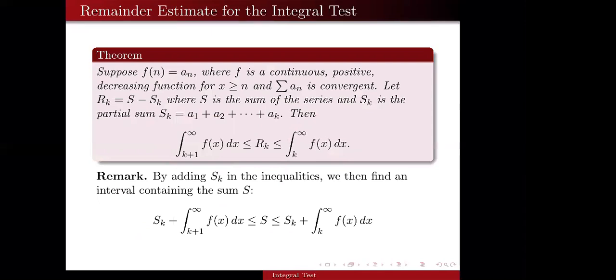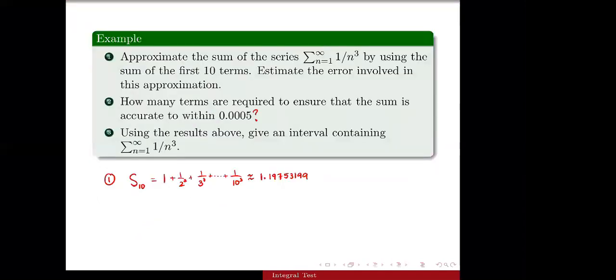So let us estimate that error. It means that your error R sub 10 is greater than or equal to the integral from 11 up to plus infinity of 1 over x cubed dx. But R sub 10 is less than or equal to the improper integral from 10 up to plus infinity of dx over x cubed.